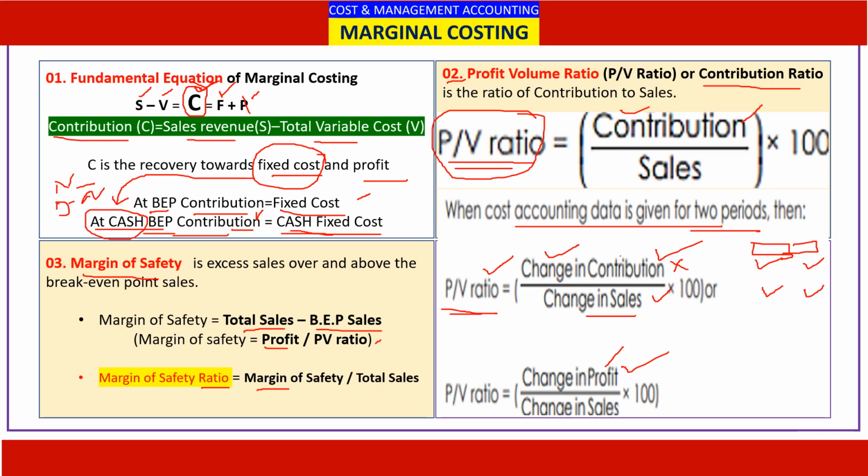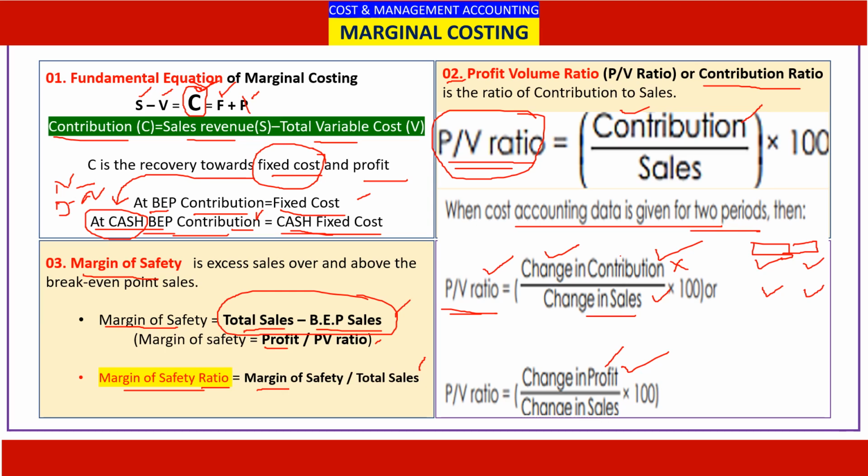Margin of safety divided by total sales is called margin of safety ratio. Suffice to remember that the cushion which is available on the bed, which is nothing but total sales minus break-even sales, that is the margin of safety.